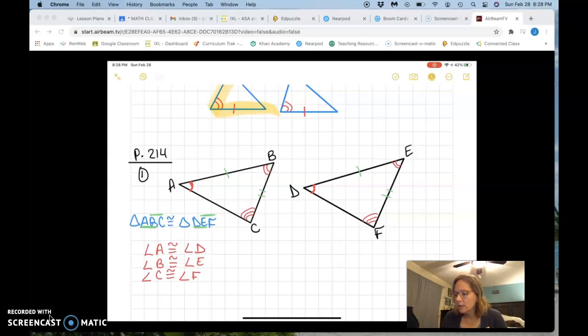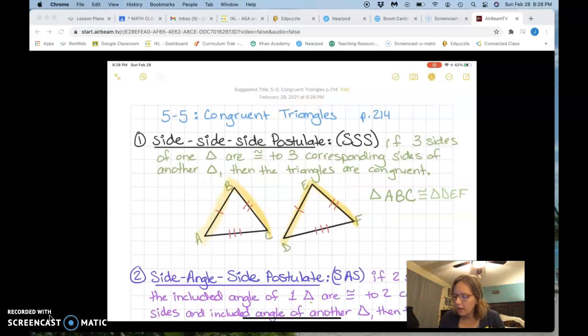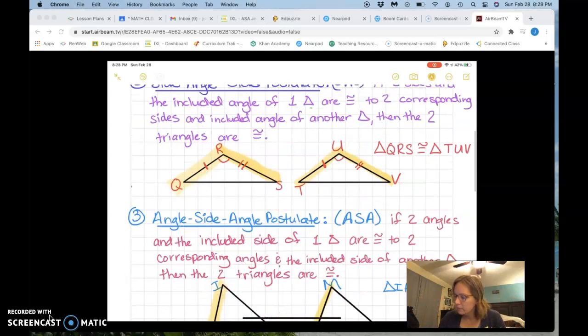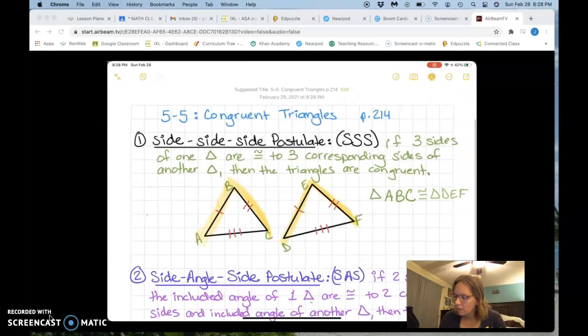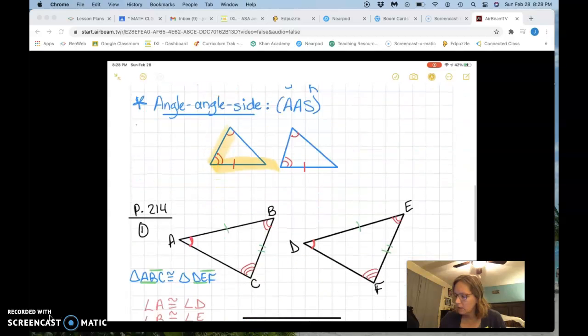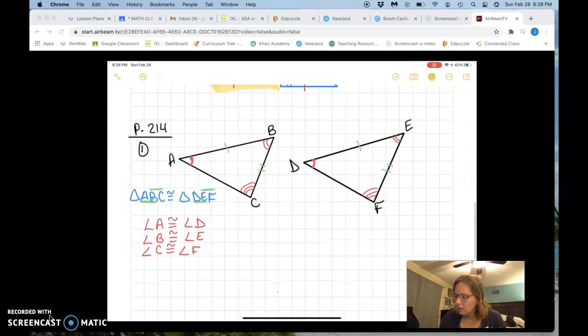And then the last two sides are going to be your outer and inner. So side AC is going to be congruent to DF. So those two are going to be congruent.